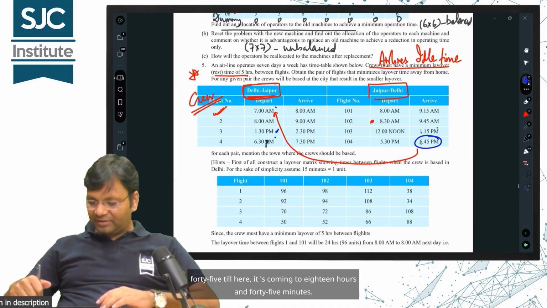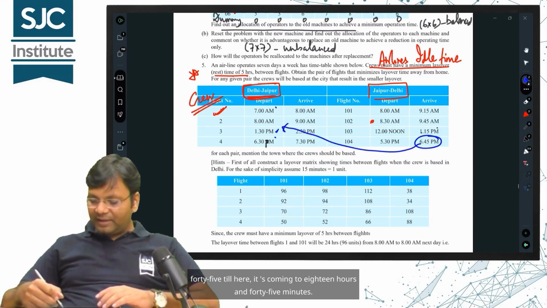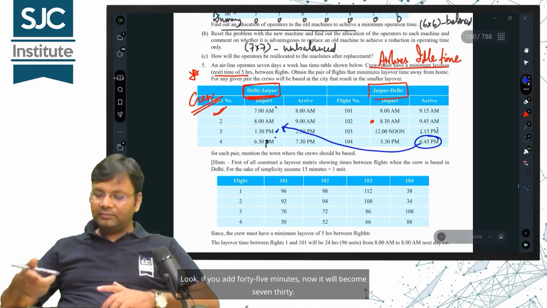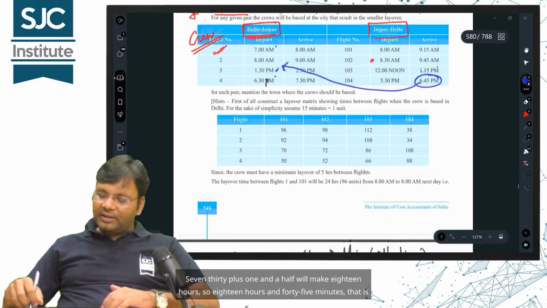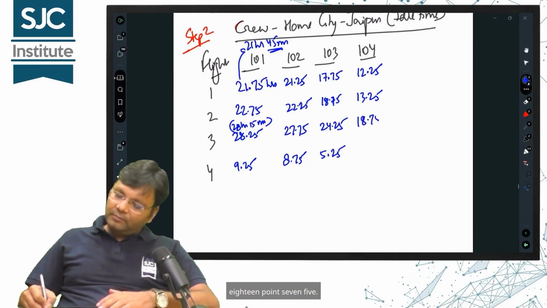So from 6:45 till here, it's coming to 18 hours and 45 minutes. Look, if you add 45 minutes, now it will become 7:30. 7:30 plus 1.5 will make 18 hours, so 18 hours and 45 minutes, that is 18.75.